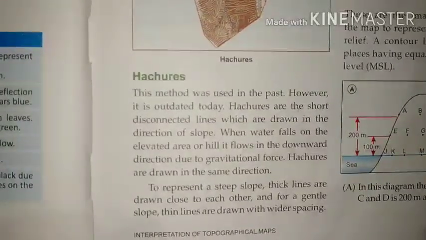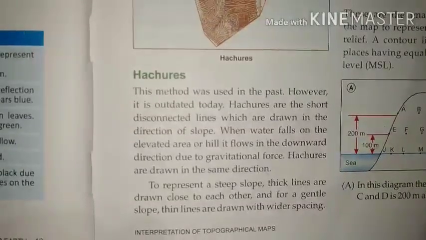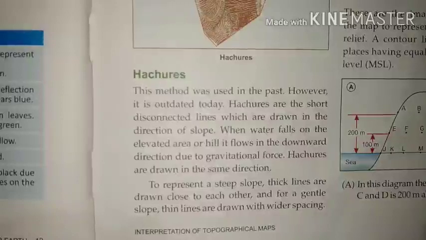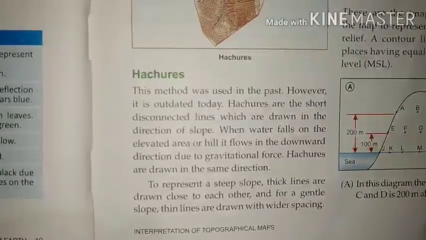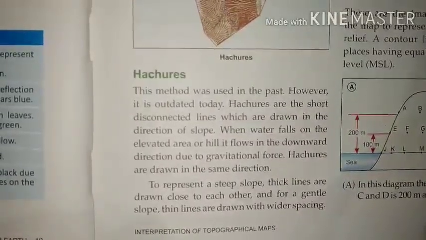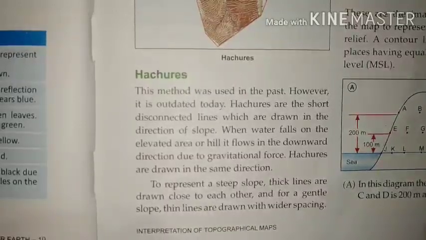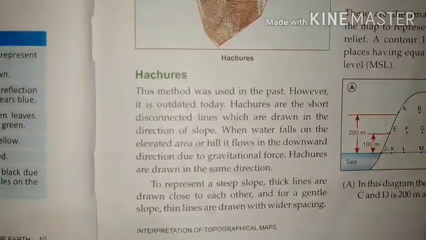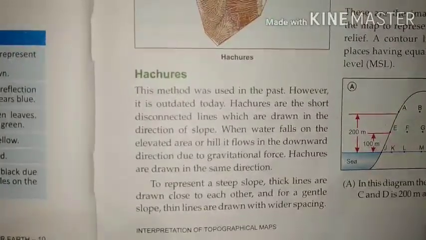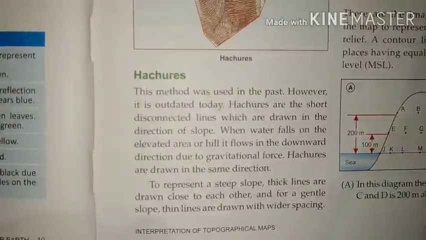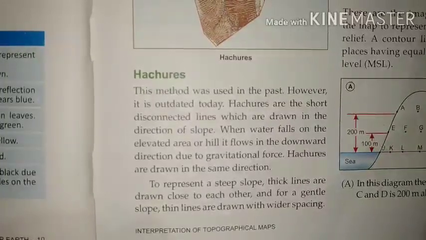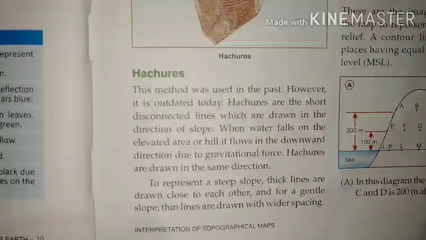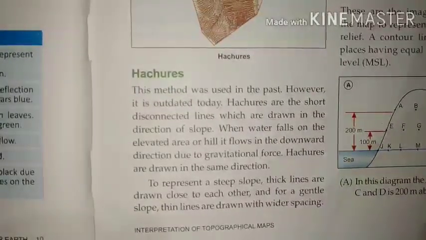To represent a steep slope, thick lines are drawn close to each other, and for a gentle slope these lines are drawn with wider spacing. If the slope is gentle, the Hachures will be drawn far from each other, and if the slope is steep, the Hachures will be drawn very close to each other.